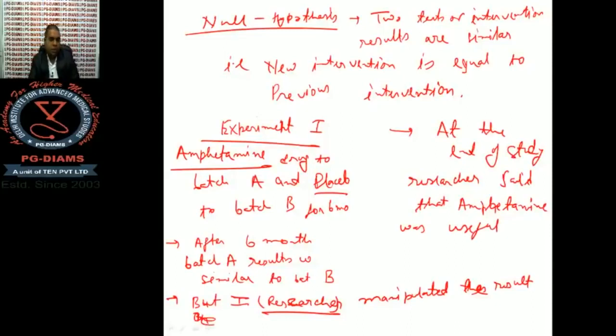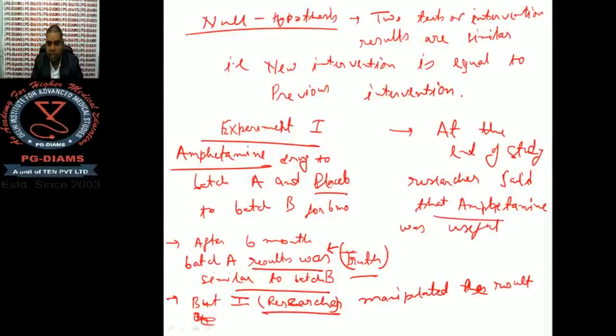Okay? So actually batch A result was similar to batch B result. So this was the fact. The truth was that batch A and batch B were having similar results after taking the amphetamine drug. But at the end of the study, researchers said that amphetamine was useful, that batch A performed better.